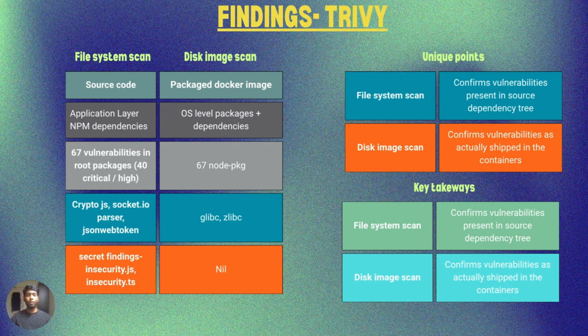If we look at the key takeaway from these two scans, the file system scan tells us that vulnerabilities exist at the port or dependency level, regardless of their build. And the image scan tells us that the container adds additional operating system level attack surface not visible from source code alone. So in brief, these are the findings from our two scans.